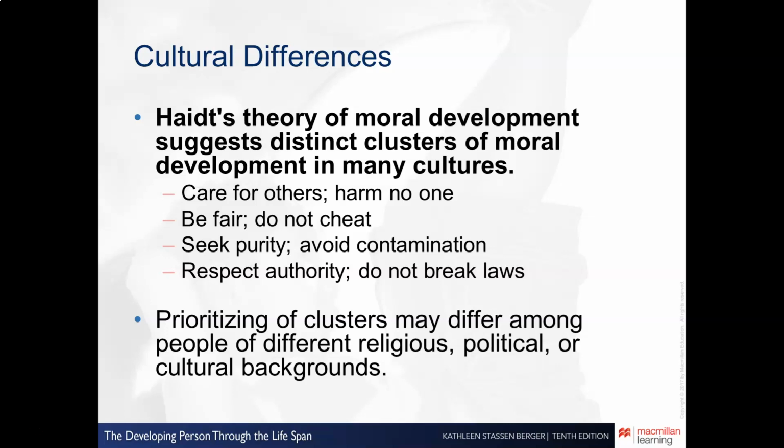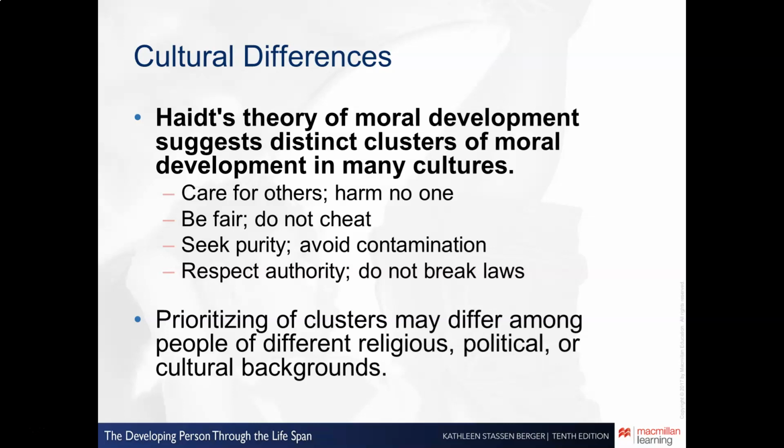Now, cultural differences. We're going to take a look at a theory of moral development that suggests distinct clusters of moral development occur in specific cultures, and actually many or even most cultures.